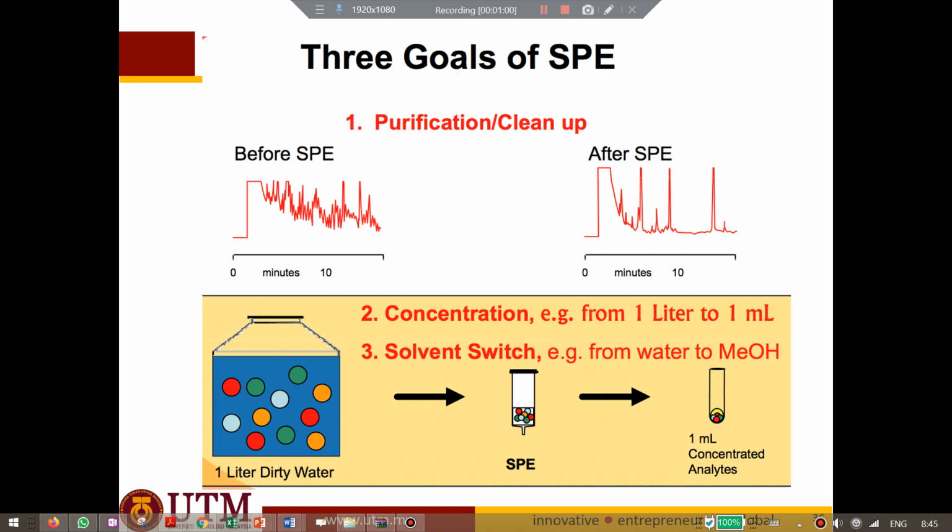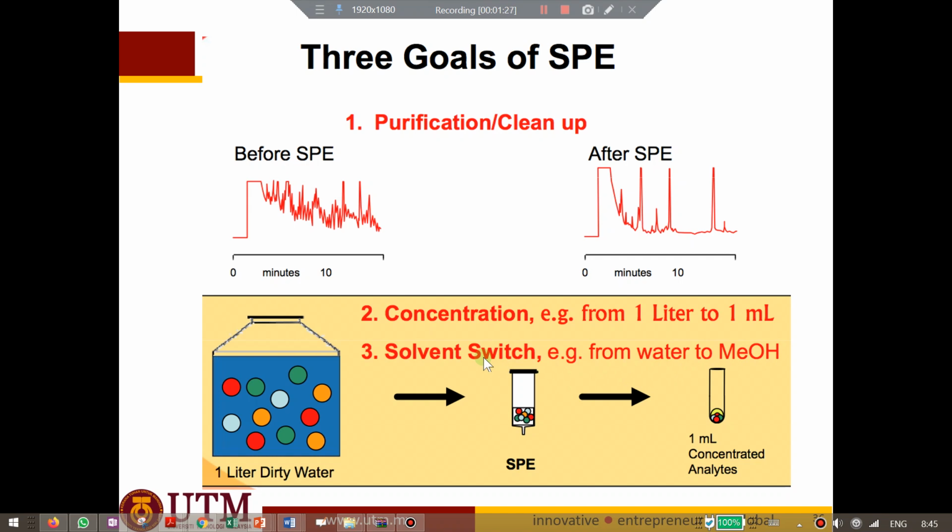For the elution process, you can adjust it according to your intention, what you actually want. The third goal is solvent switch, from water to methanol. So let's say you want to analyze using GC, but you know that water is not good for gas chromatography.